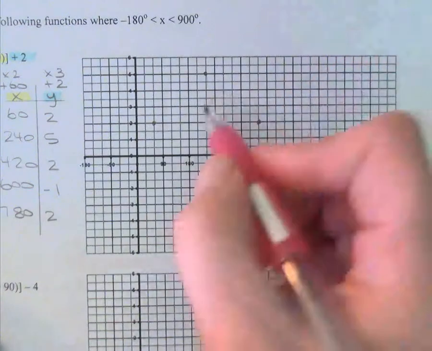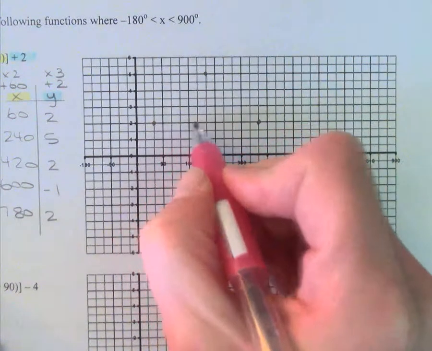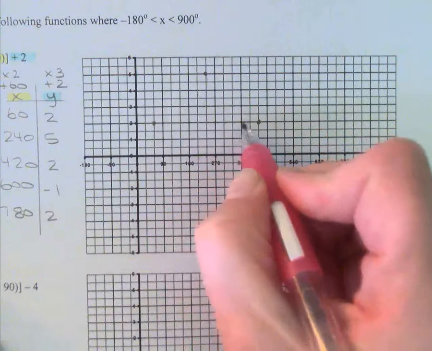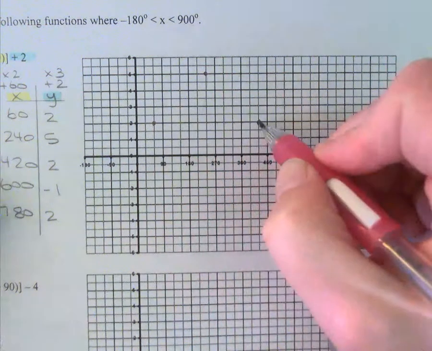So let's look at the space between them. 1, 2, 3, 4, 5, 6. 1, 2, 3, 4, 5, 6. So it's 6 spaces between them.